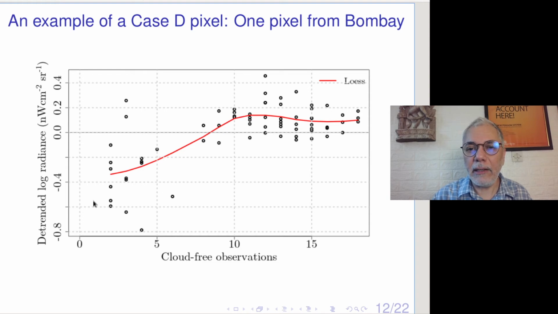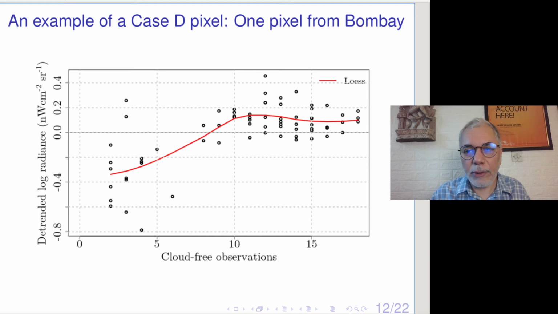And then there is a cluster of observations here where the radiance is lower and there is a small number of cloud-free observations. It's just not reasonable that there should be some correlation between GDP and the number of cloud-free days in a city like Bombay, which is really all about services.